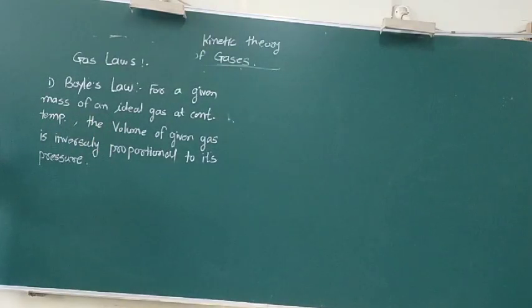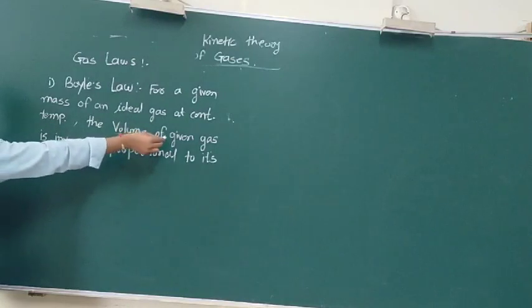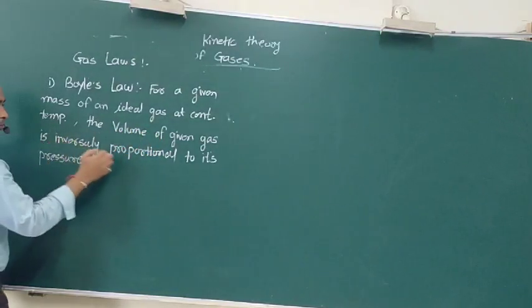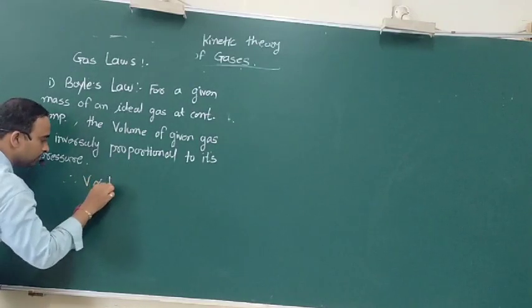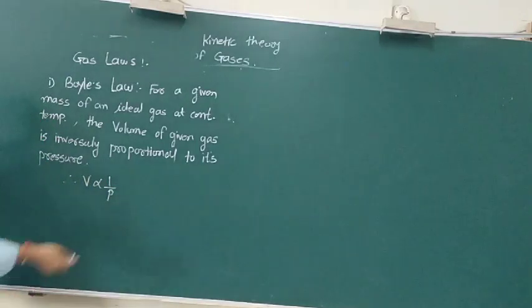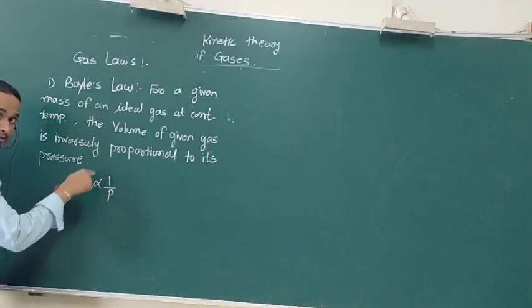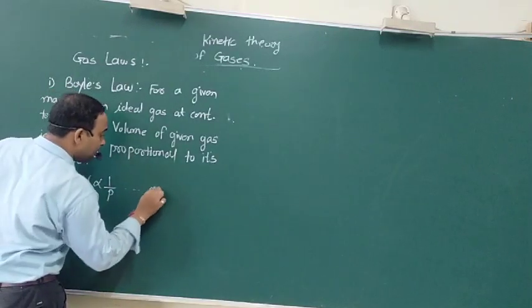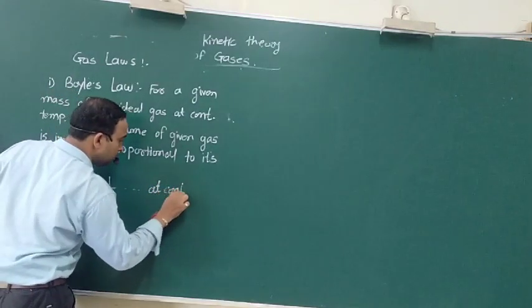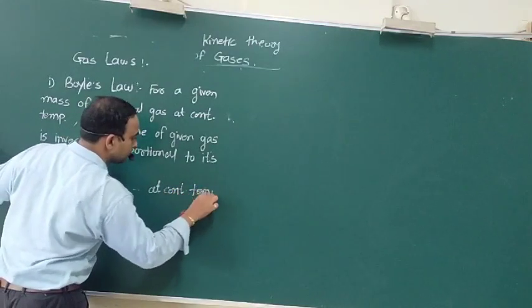Let T be the temperature, V be the volume of a gas, and P be the pressure of a gas. Now see here, the volume of a gas is inversely proportional to its pressure. That means V is inversely proportional to P when at constant temperature.